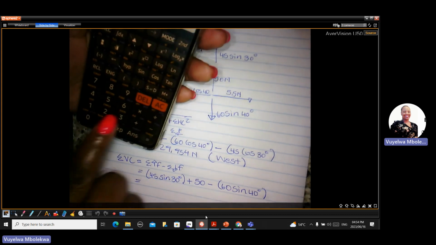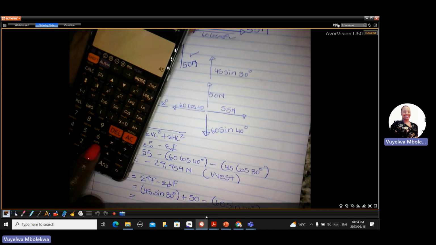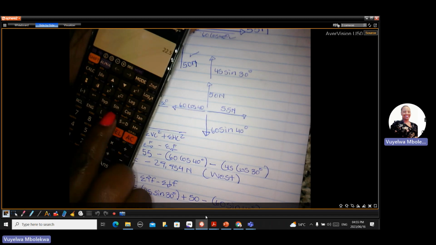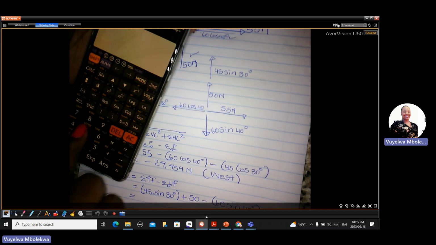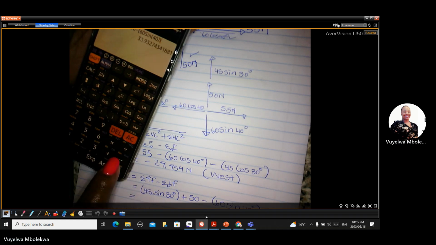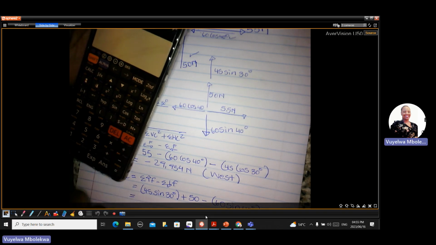And we bring in the calculator. We open the brackets and we put in 45 sine 30 plus 50, minus 60 sine 40. Something is not right here.